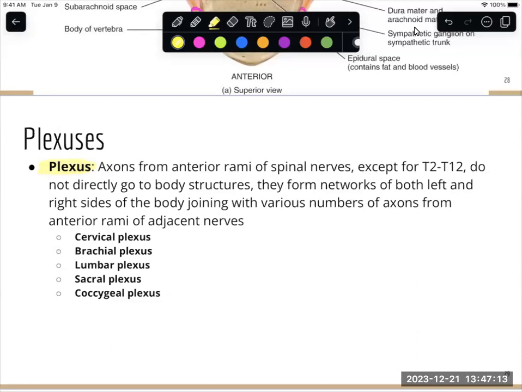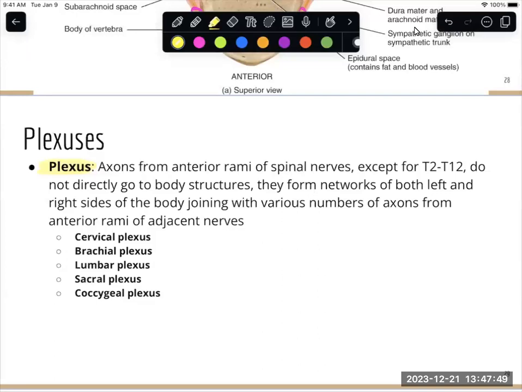The diaphragm has nerve roots from C3, C4, and C5. So if something happens to C5, we still have C3 and C4 that help us to breathe. If something happens to C5 and C4, we still have C3 that'll help us breathe. So there's more than one nerve root going to some of these very important structures to help maintain function.